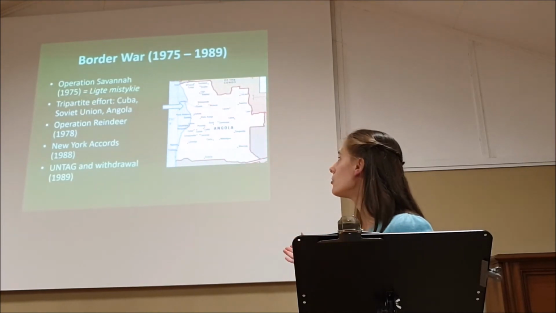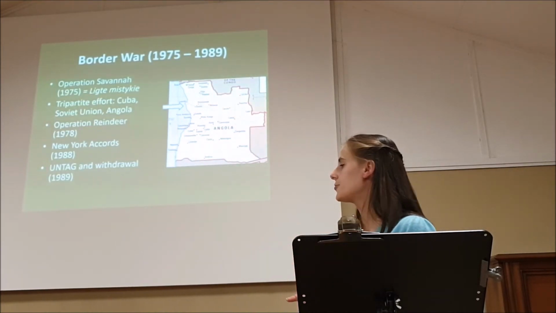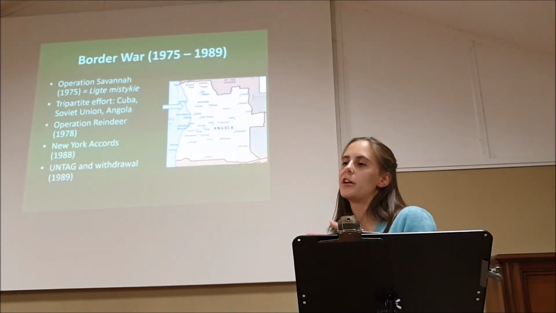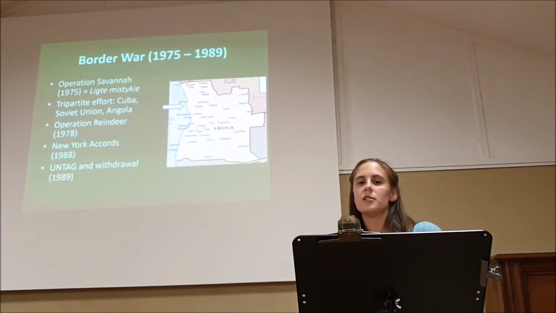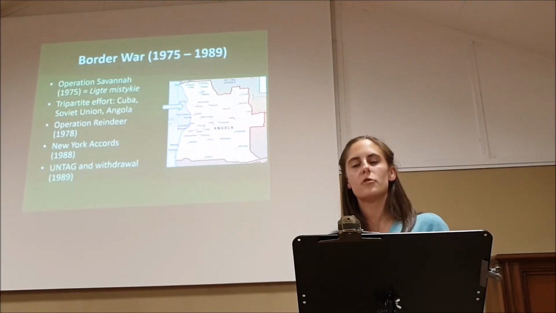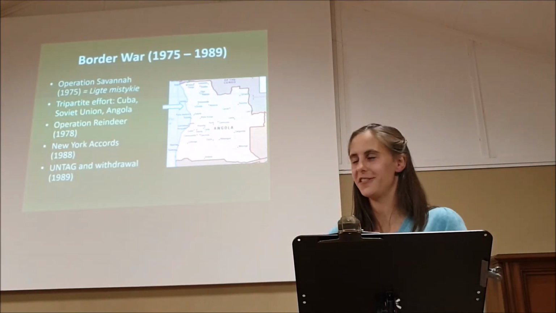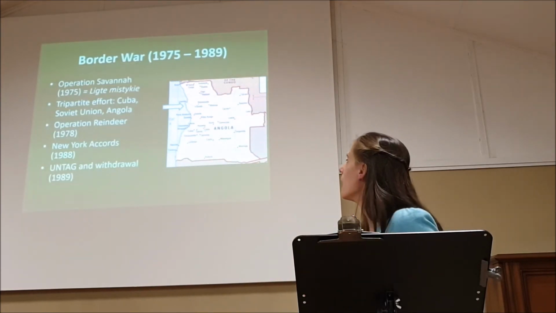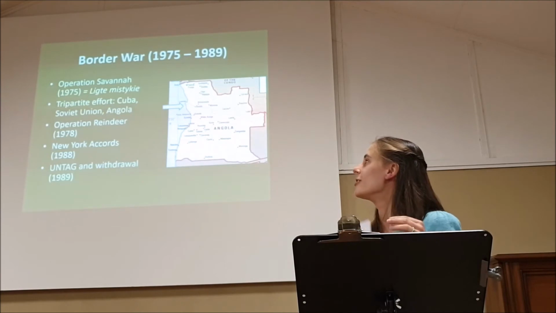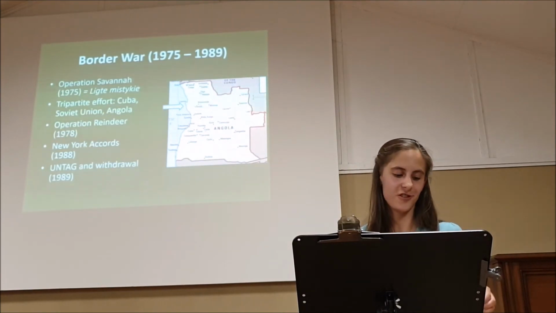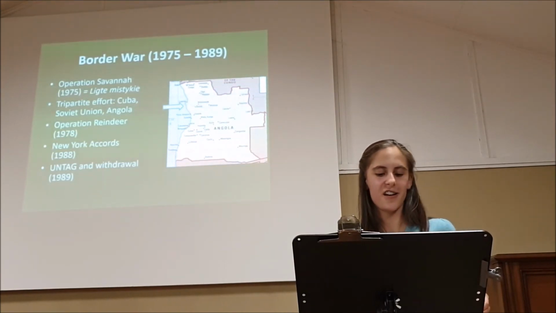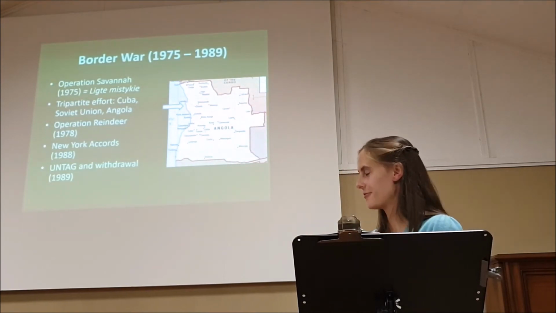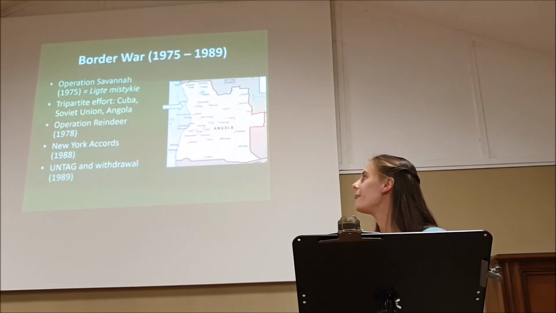They were not all there to help SWAPO per se. They were there to help the MPLA, which was still fighting UNITA, but they were very involved in some of the battles with South Africans. We cannot talk about every single operation, well, there were really a lot of them during the war.